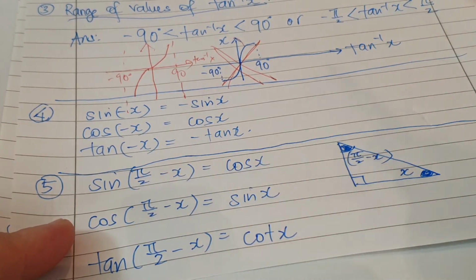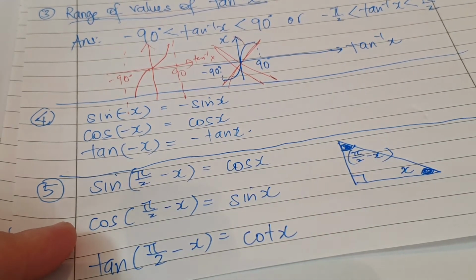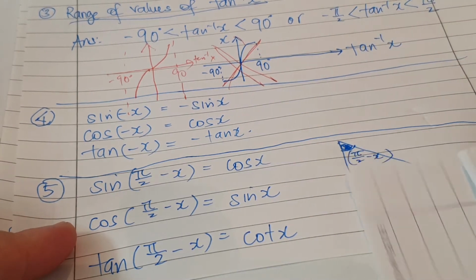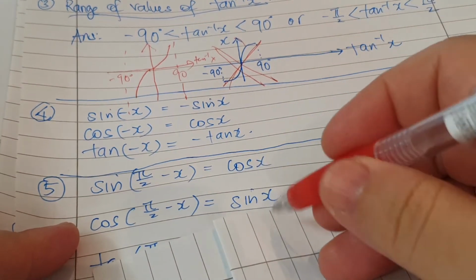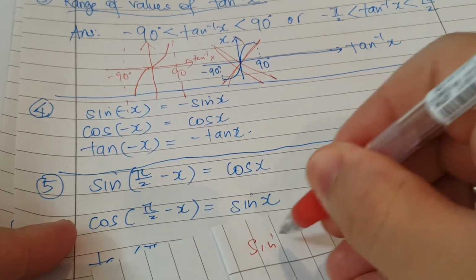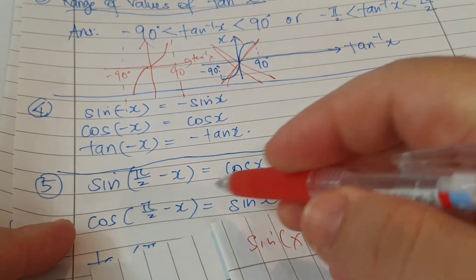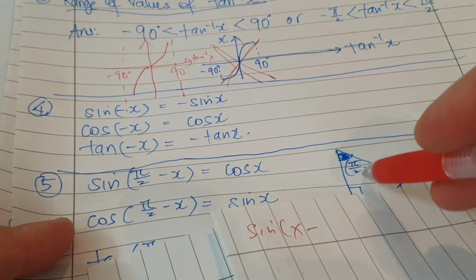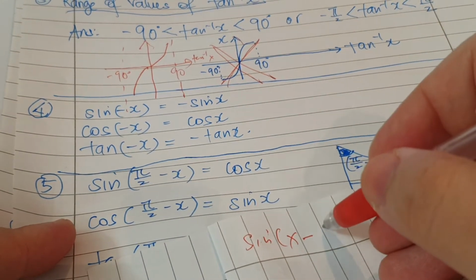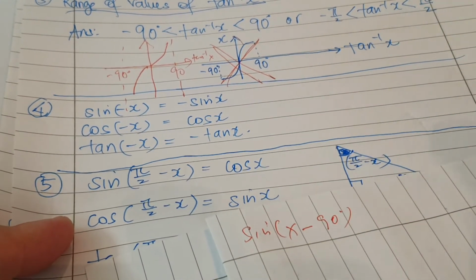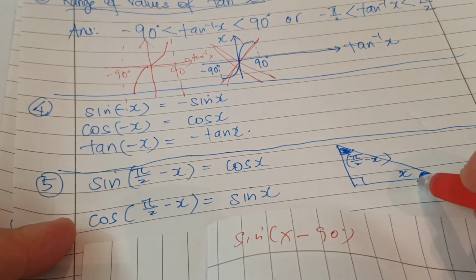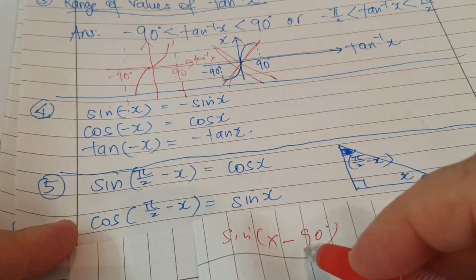If not so nice, then to test you, they will give you sine instead of 90 minus x, which is this angle. They will say x minus 90, but cannot what? x is smaller than 90, so how can minus 90? Cannot.